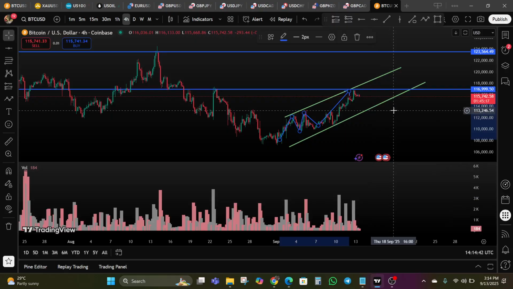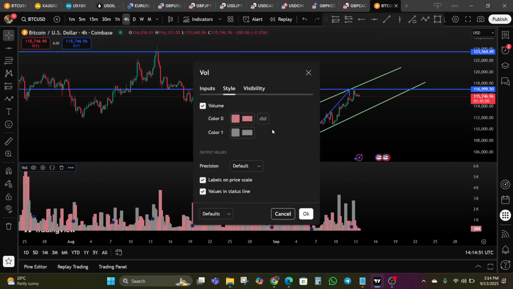So these divergences can give early signals of potential reversals, helping traders prepare ahead of time.